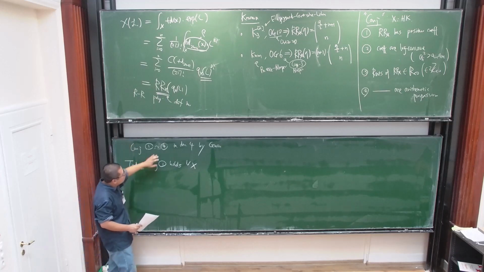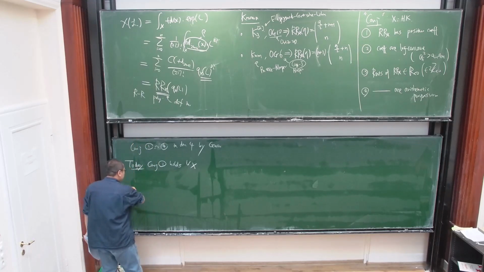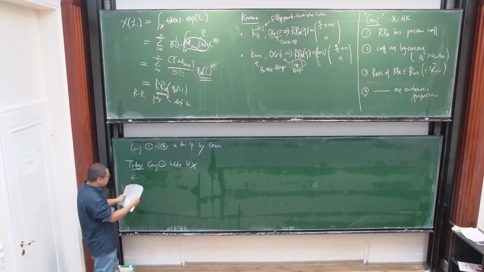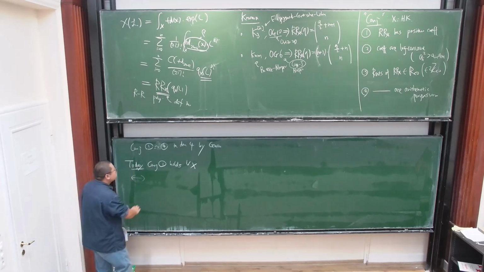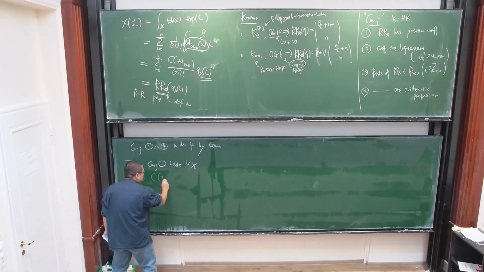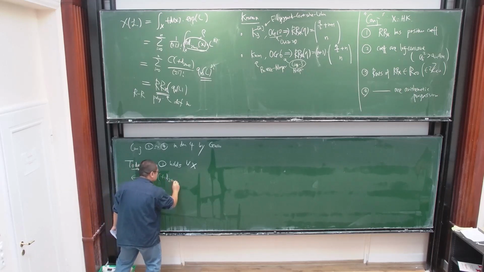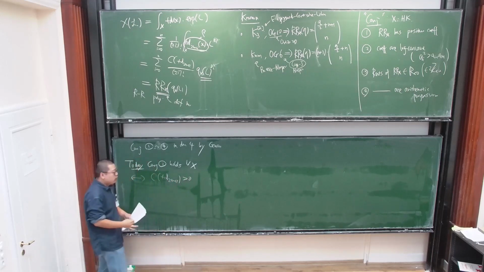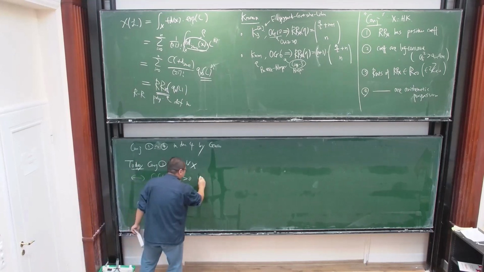So actually it does not depend on L. So now I'm starting to analyze this problem. This is equivalent to saying that this C of Todd 2n minus 2i is positive, for any i.